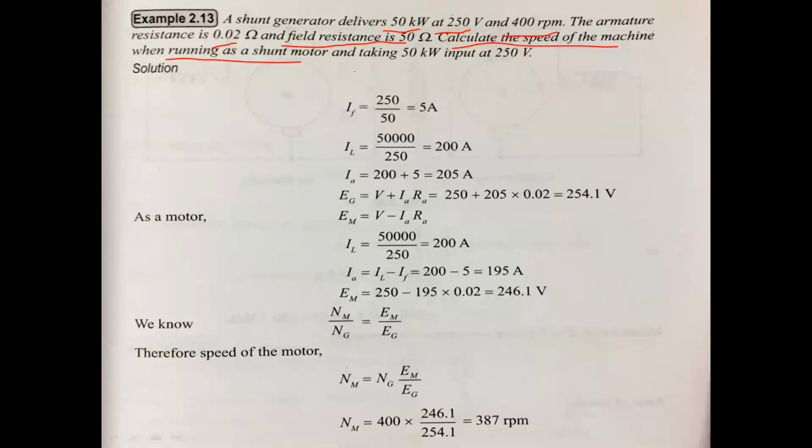Armature resistance and field resistance are given. Calculate the speed of the machine when running as a shunt motor and taking 50 kilowatts input at 250 volts. Voltage is also the same, taking power 50 kilowatts. We need to calculate the speed of the motor.